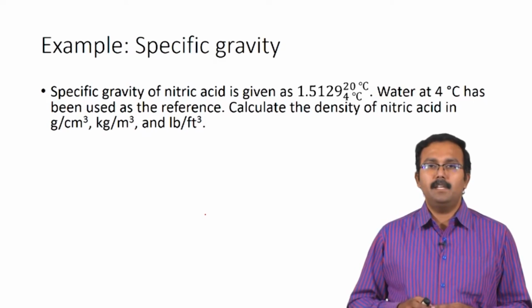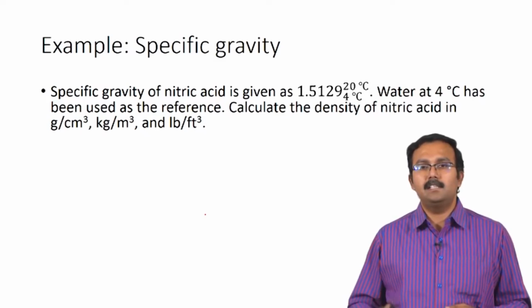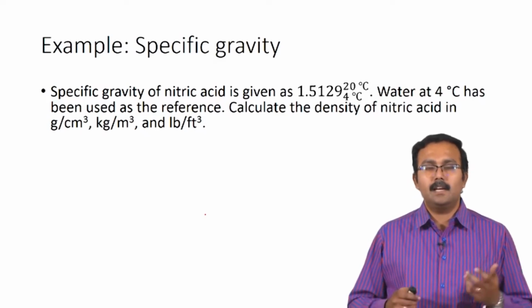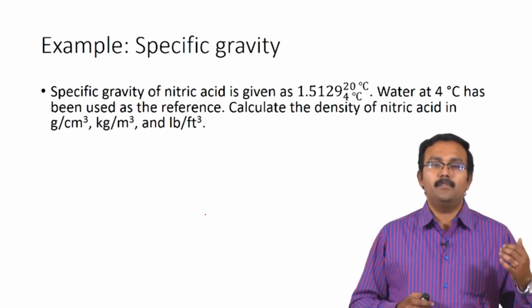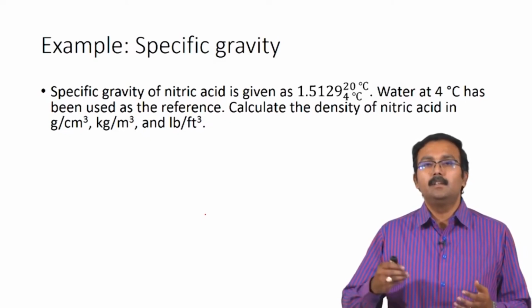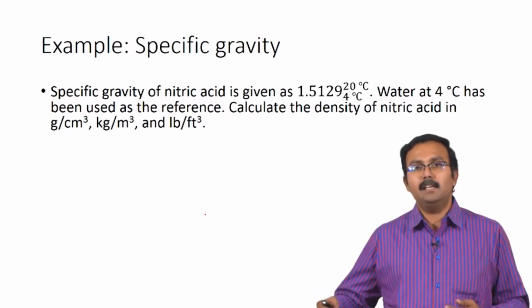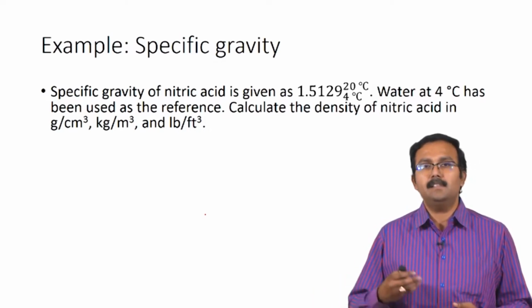So, the specific gravity which is given has been written as 1.5129 at 20 degrees Celsius over 4 degrees Celsius. This is a conventional way of writing specific gravity as the ratio of density of the substance at 20 degrees Celsius to the density of the reference material at 4 degrees Celsius. Here the substance is nitric acid and the reference is water.